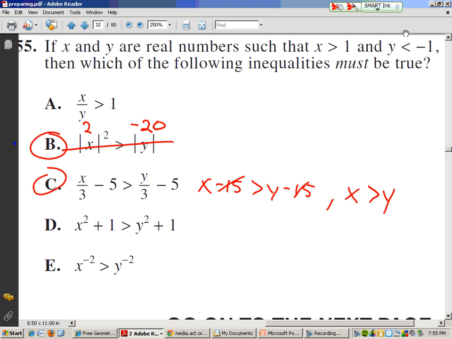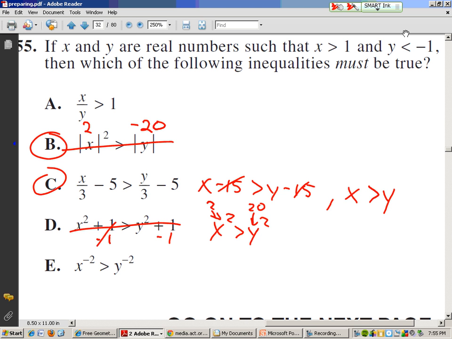This one, if I subtract 1 from both sides, then I get x squared is greater than y squared. Well, right, I could plug in like a 20 here and a 2 here, and you're right, it wouldn't work. So this one would not work.